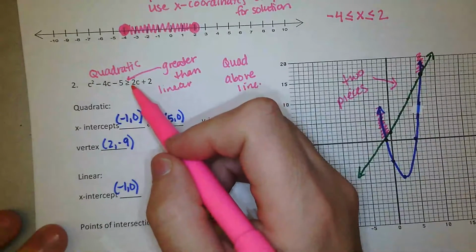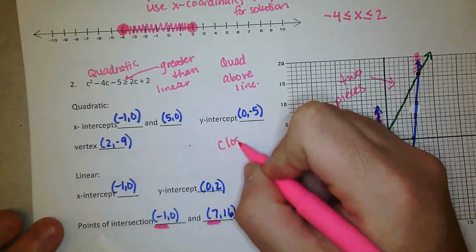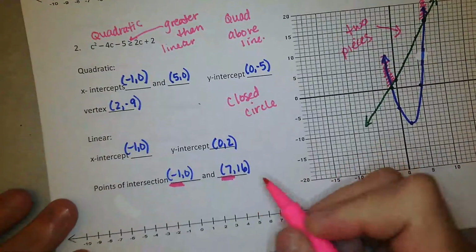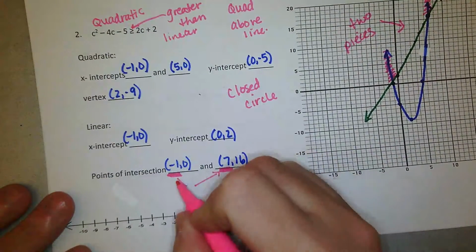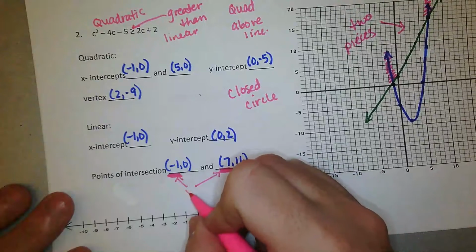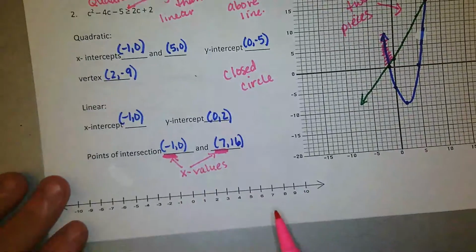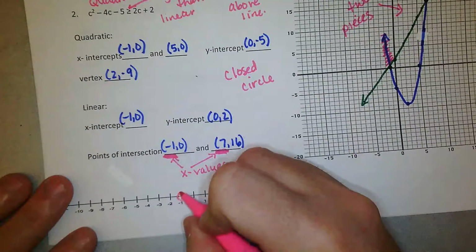Open or closed. When you look over here, it's got an equal sign. So this is a closed circle. So I'm going to go to negative 1. This is the x coordinates that I'm focusing on. X values for your points of intersection are what you use. So closed circle on negative 1.